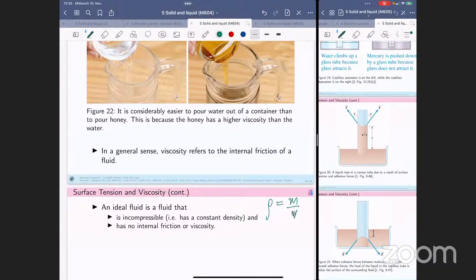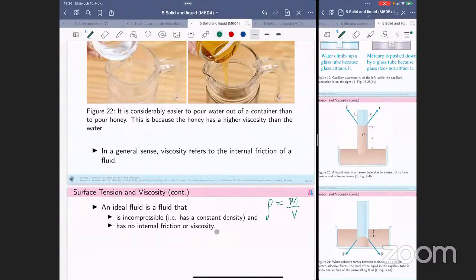The volume doesn't change with any pressure. When v doesn't change and the mass of that object remains the same, the density is going to be the same. Let's say rho stays constant and has no internal friction or viscosity, and that's the ideal fluid.